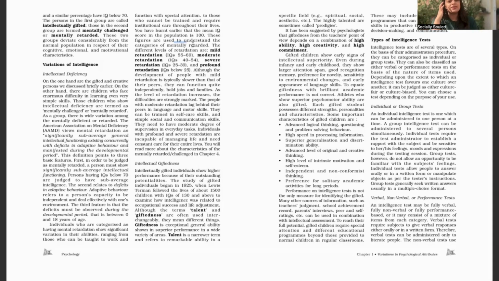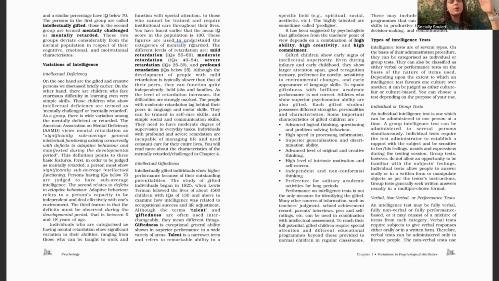Retardation is a category that we say, but calling people mentally retarded is not something we say now. So mild retardation is from 69 to 55. Imagine that normal curve, with the mean that we were talking about first, and we are going down from there.